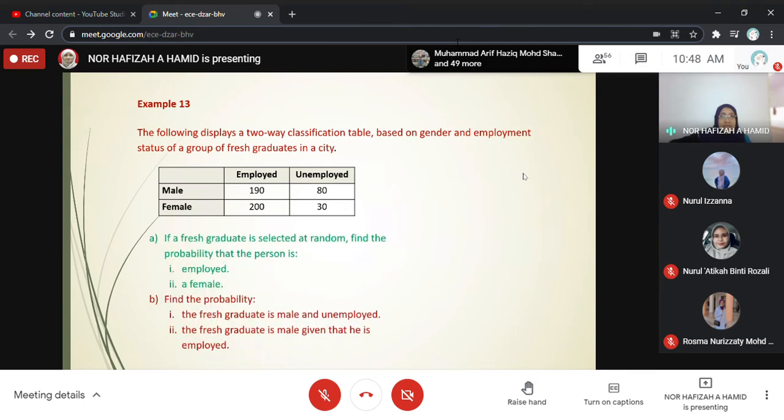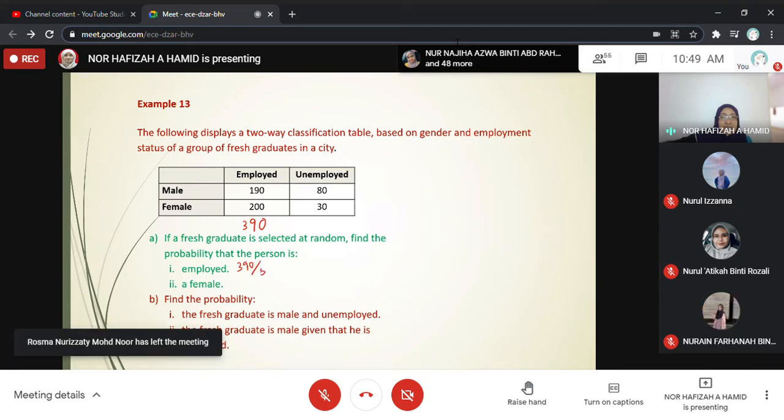So you can refer to example 13. In example 13, you have a table based on gender and employment status. For A, we need to calculate the probability that the person is employed. So for employed here, you need to calculate the total. So it is 390. So the probability is 390 over the total, which is 500.